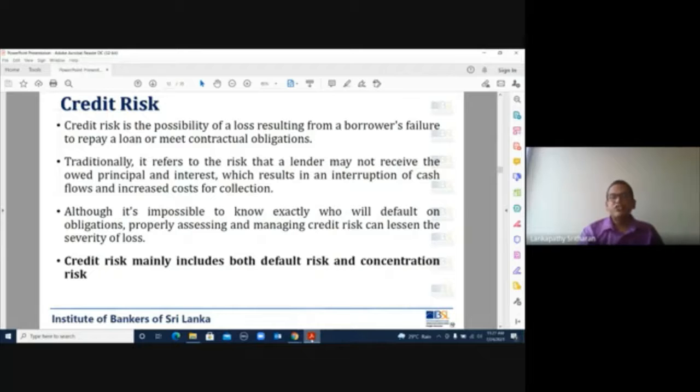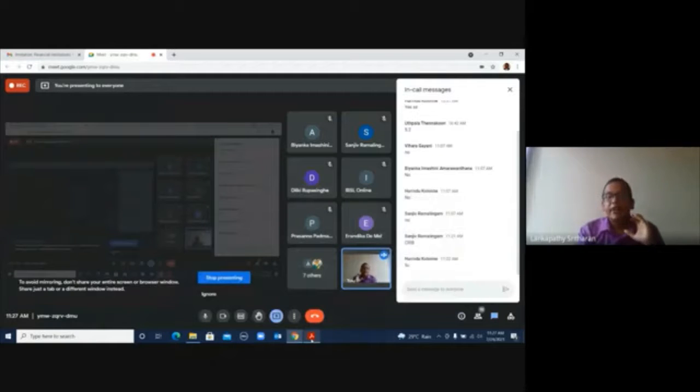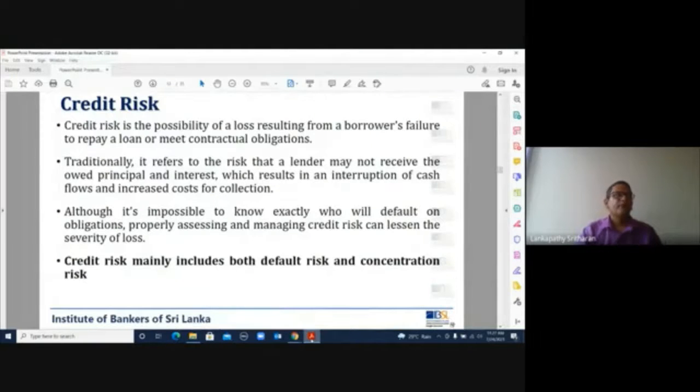Just to check whether you have a clear understanding of concentration, I'm asking a question. Let's assume two banks, bank A and bank B. Bank A grants all its loans and advances to only 10 customers. We can't say they are not good customers; they are simply granting loans to 10 customers.